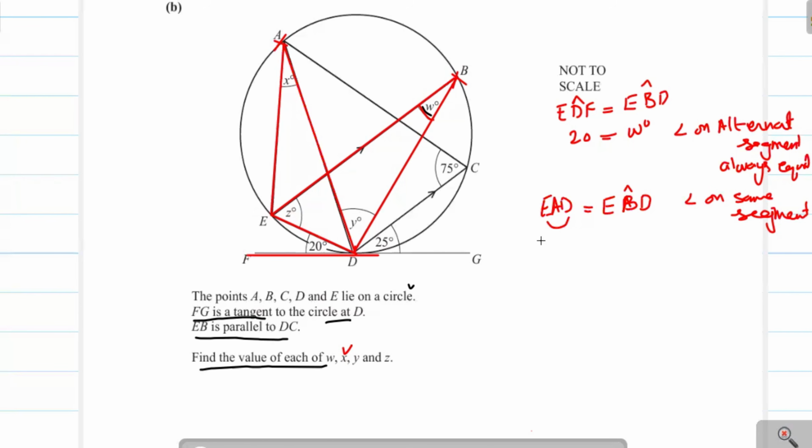EAD is X degrees and EBD is W, and W is 20 degrees. Therefore, X will be equal to 20 degrees.